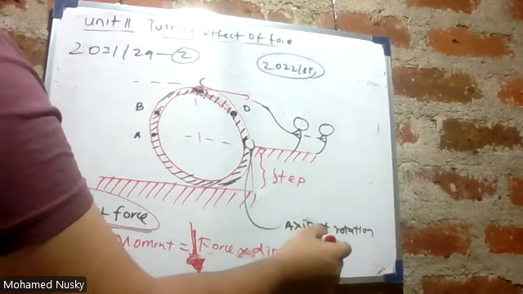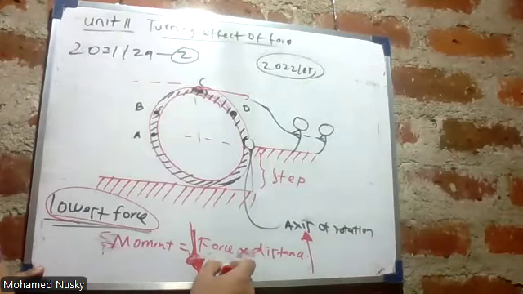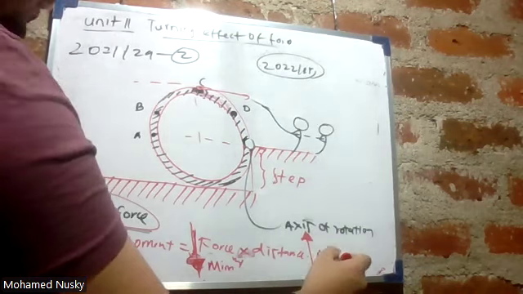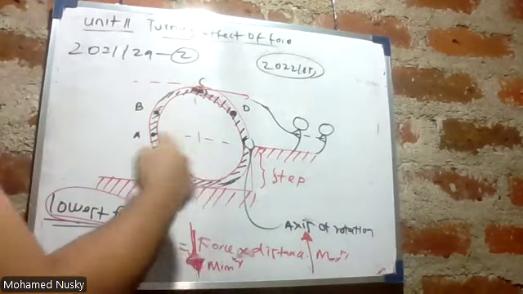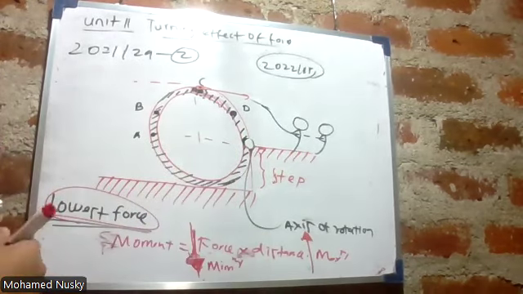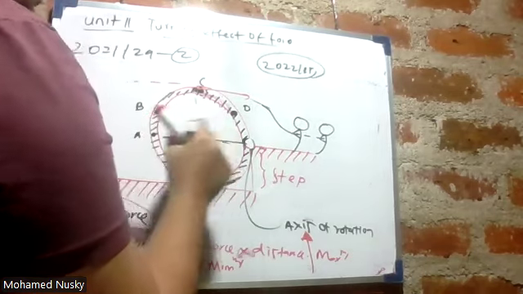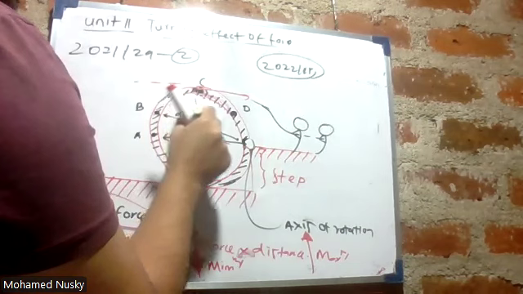The distance from the axis of rotation should be maximum. If this is minimum, that should be maximum. So what is the maximum distance from the axis of rotation? That is this, right? D1, D2.